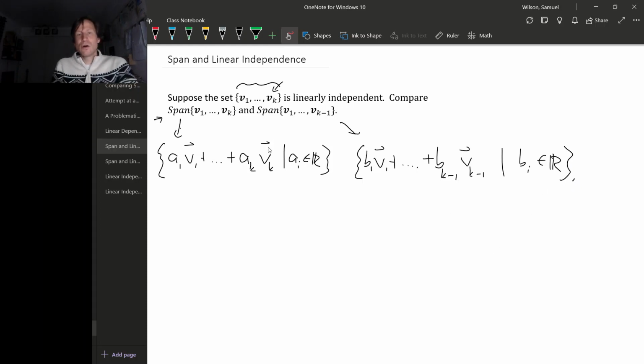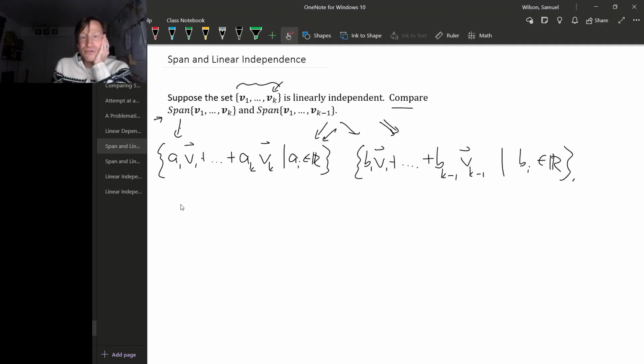When I say compare, what we need to check is whether every vector in the set on the left is also in the set on the right.